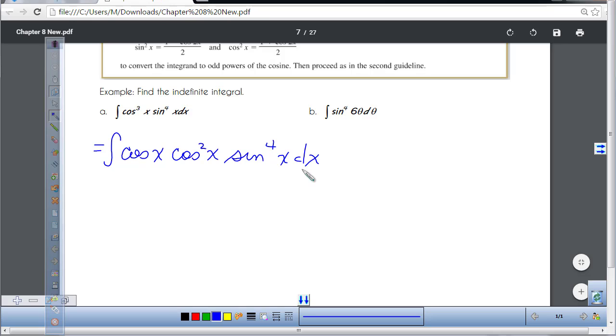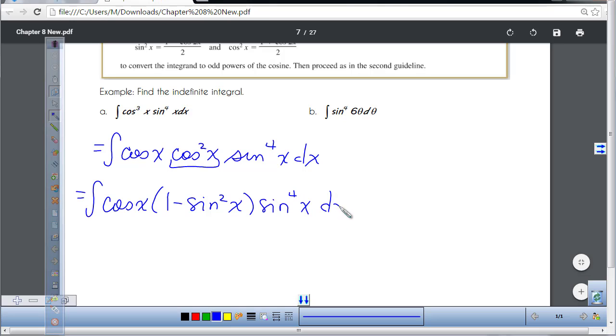And using the Pythagorean identity, I can change cosine squared to what? Very good. So we've got cosine x, and I'm changing this to 1 minus sine squared x, and then sine to the fourth power x dx.